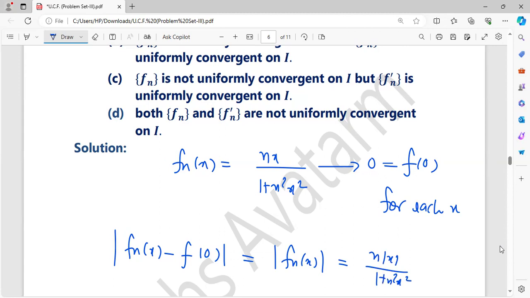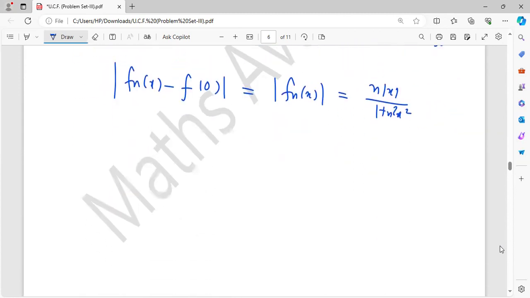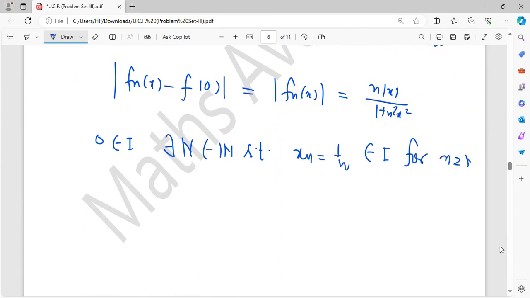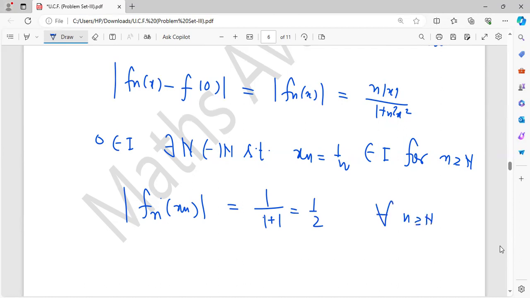I will take xn equal to 1 upon n, because 0 is contained in I, there exists a capital N in the naturals such that xn equal to 1 upon n is contained in I for each n. Now Fn of xn will be 1 upon 1 plus 1, that is 1 by 2, for all n greater than capital N. So it cannot be made smaller. If I take epsilon equal to 1 by 3, that will not happen.